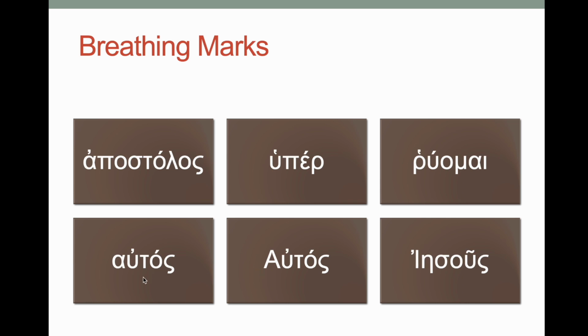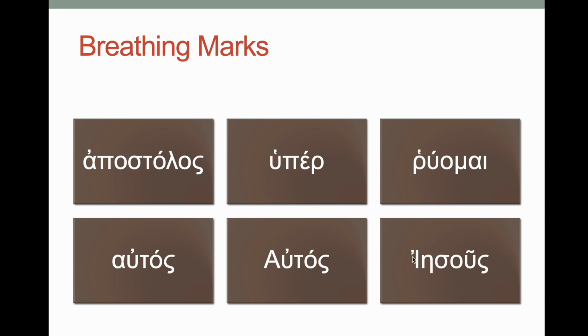What happens when that autos is at the beginning of a paragraph or starts direct speech or something? When you capitalize, that alpha is capitalized and the breathing mark still remains above that second letter of the diphthong, so it's autos. What happens if the initial letter has a breathing mark over it, like what we get in the word for Jesus?